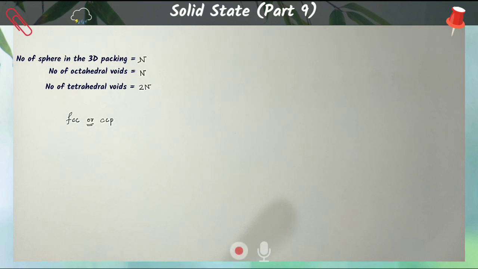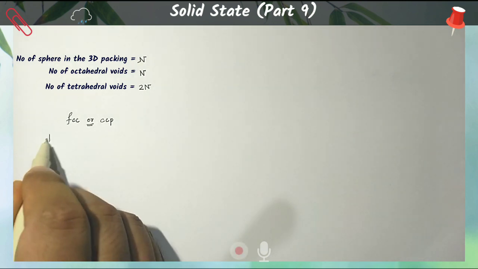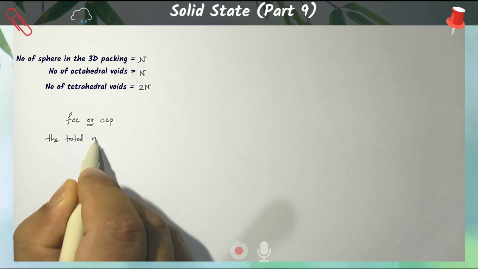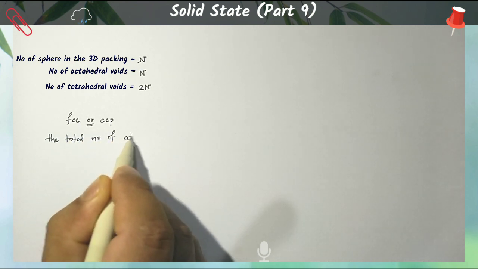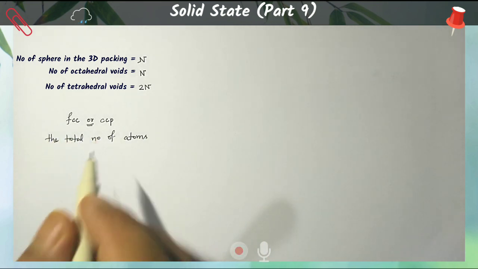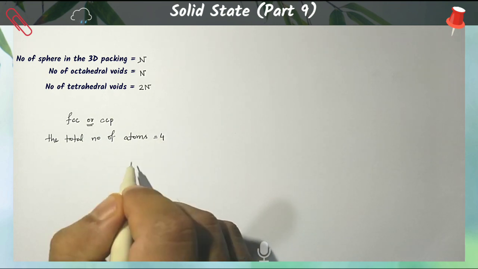So we have this FCC unit cell. From the previous classes, we know that the total number of atoms, or constituent particles, or spheres, for FCC is equal to 4. Why 4?